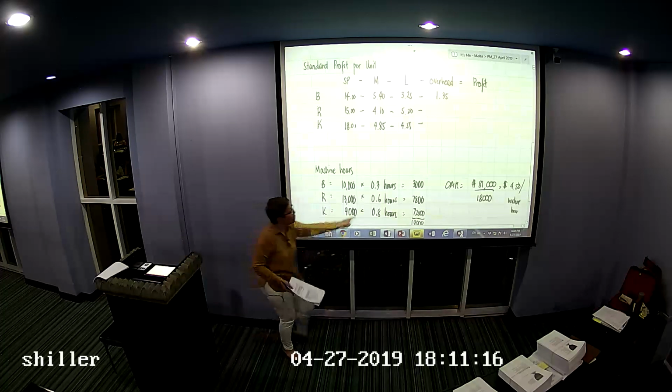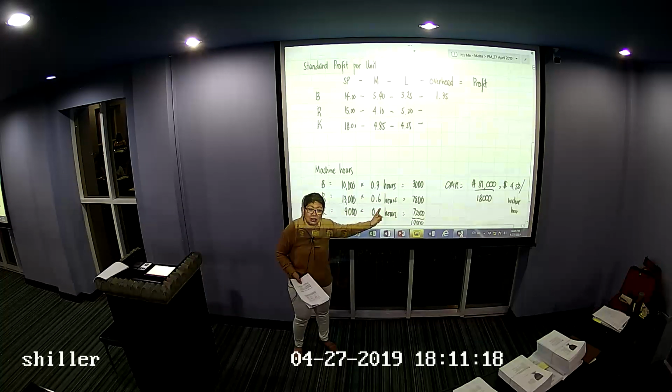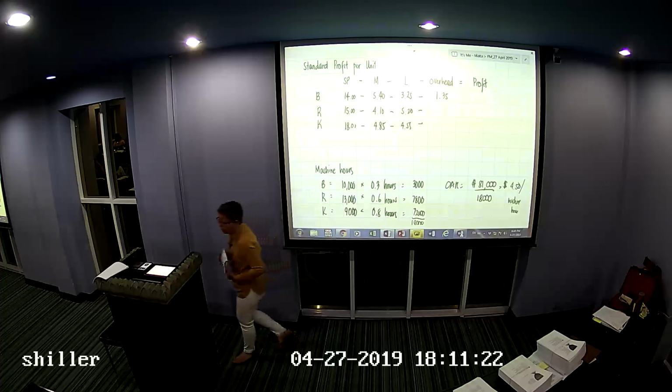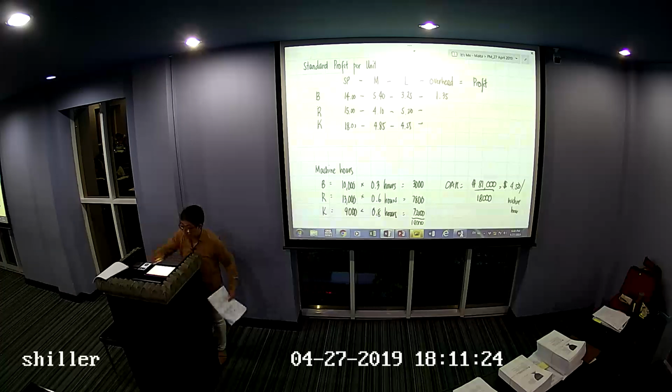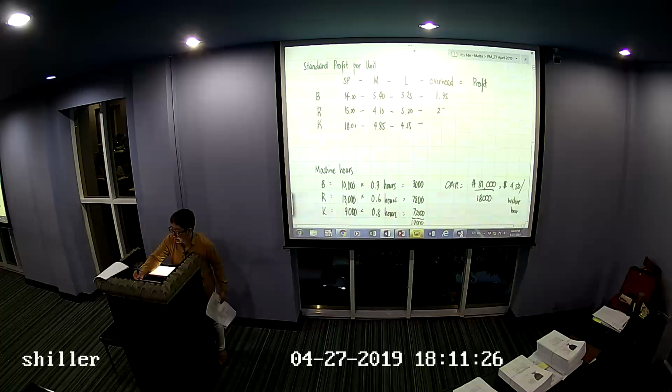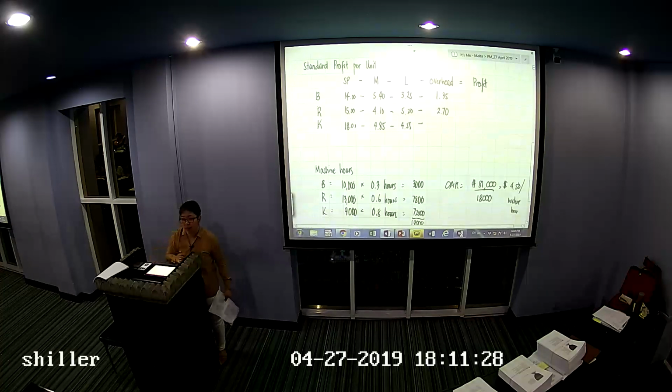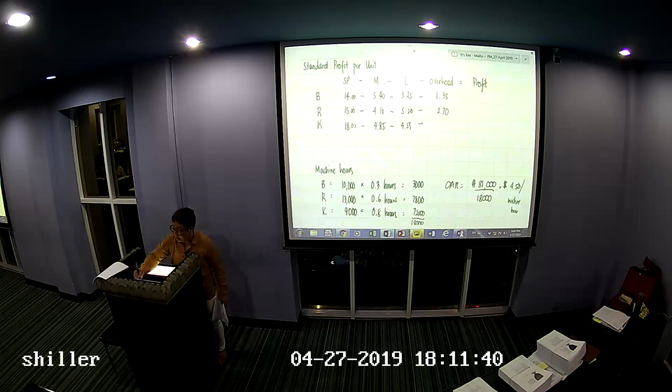R requires 0.6 of an hour. So how much is the cost of overhead of R? 2.70. Is everybody noting it down? Okay. K, how about K? 0.8 of an hour? 3.60.